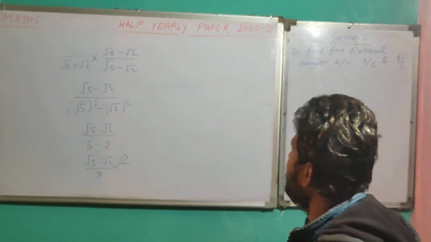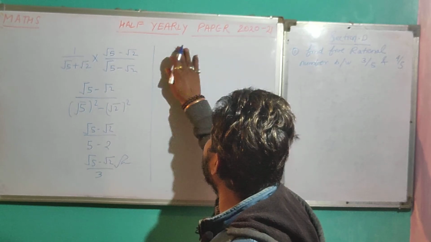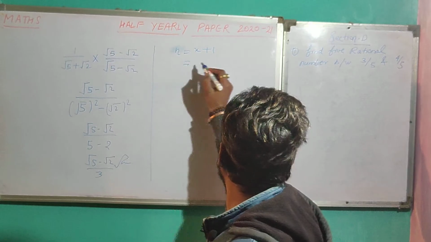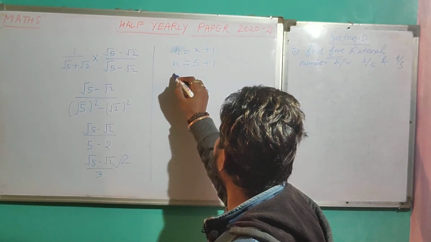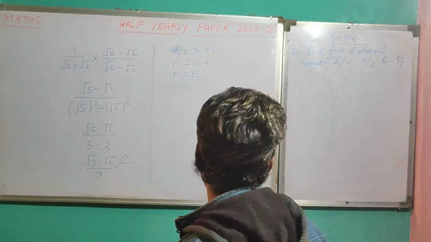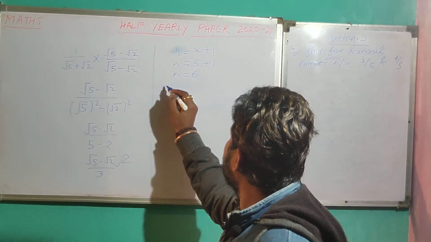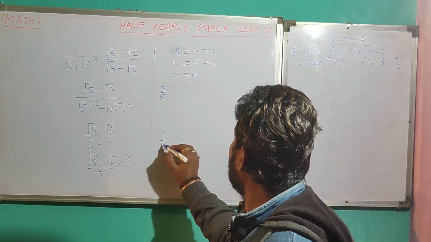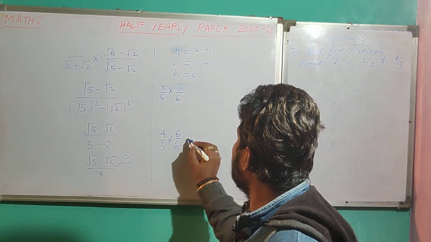Okay, so we know n is equal to x plus 1. The value of x is 5. 5 plus 1, n is equal to 6. Okay, so we will multiply in the numerator and denominator by 6. Okay, so 3 by 5 and 4 by 5 into 6 by 6.